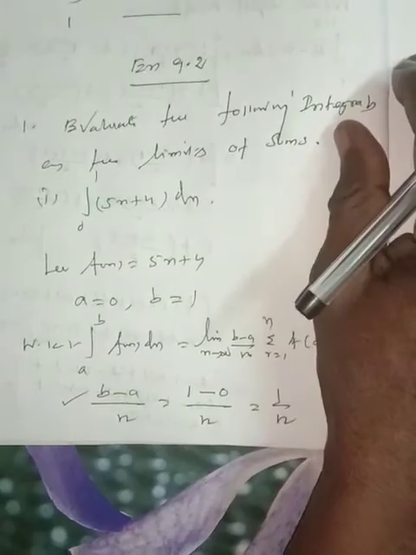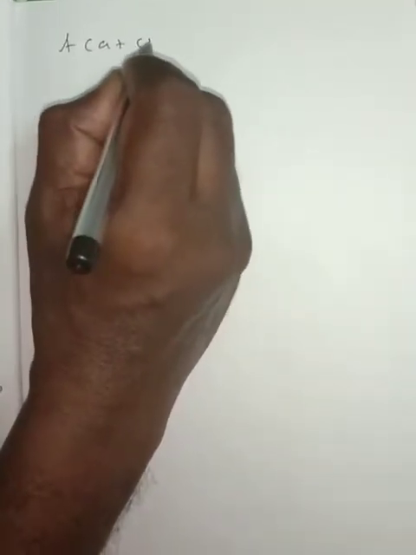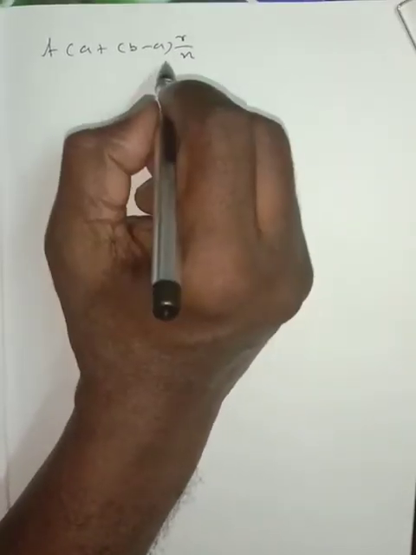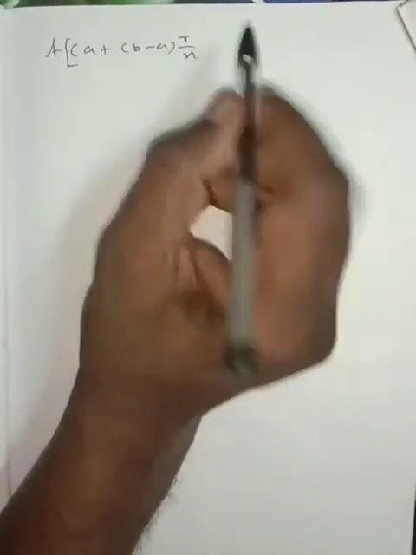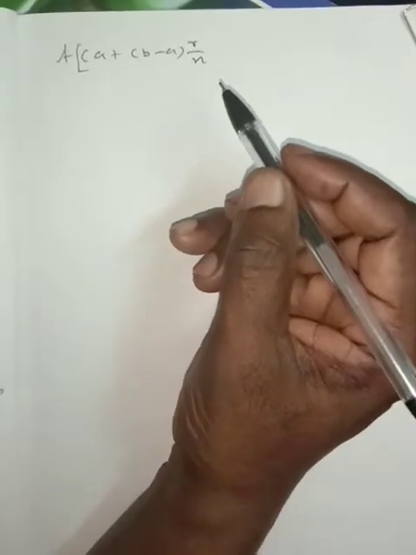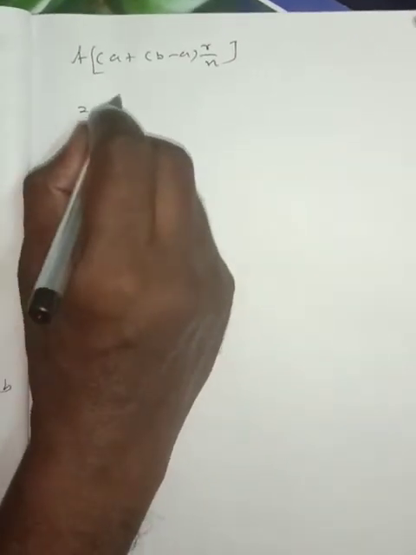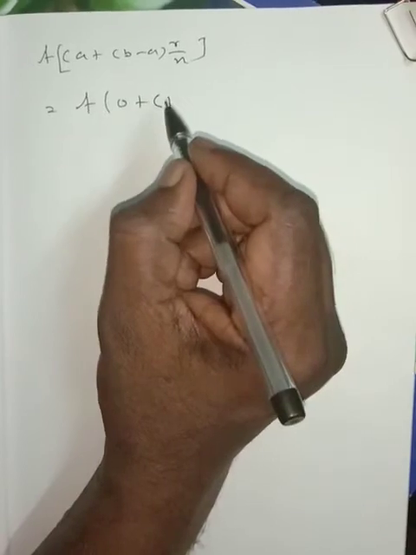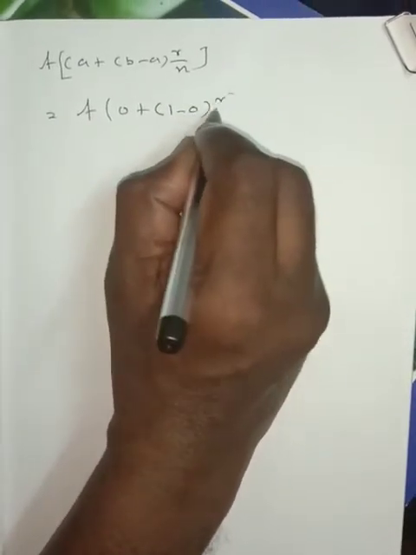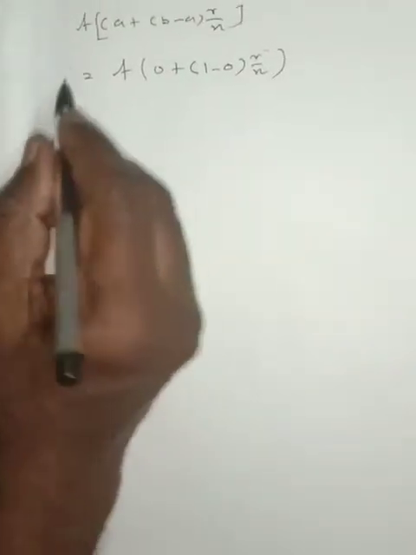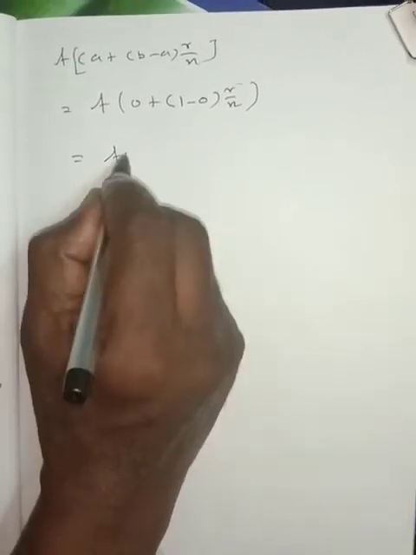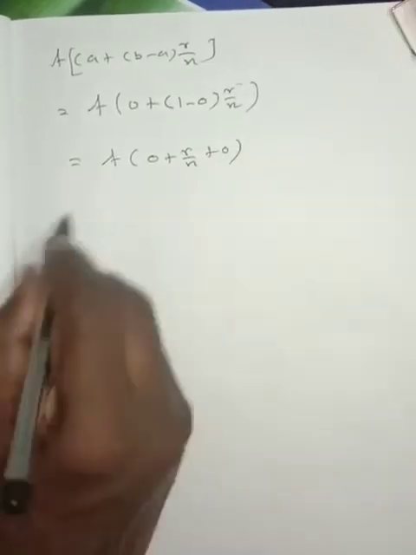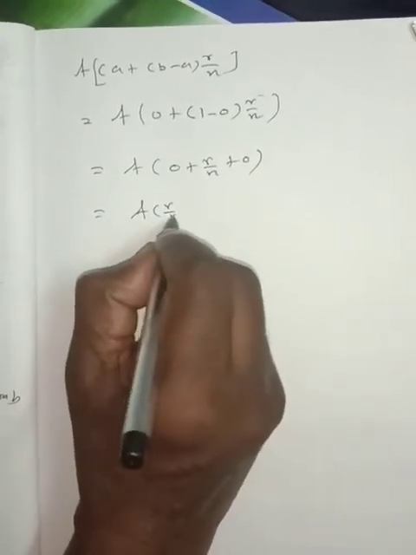Now f of (a plus (b minus a) into r by n) is equal to f of (0 plus (1 minus 0) of r by n), which is f of (0 plus r by n plus 0), equal to f of r by n.